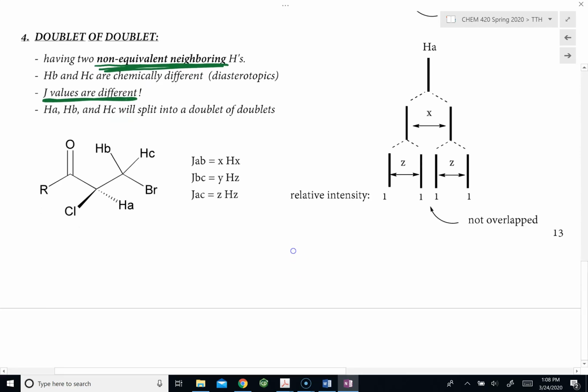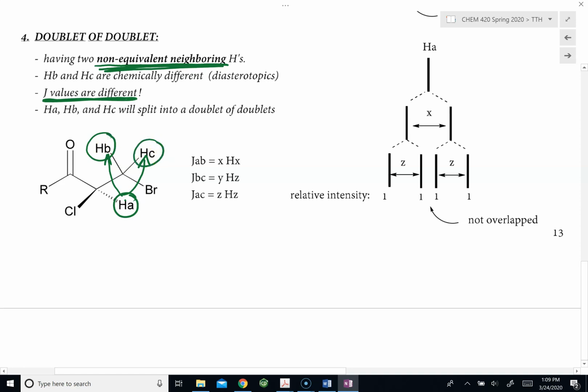For example, here in this case, the signal of HA would be a doublet of doublet. And the reason why is as follows. Here we will see that HA is communicating with this HB, and this HA would also be communicating with this HC. Now, this HB and this HC are actually not chemically equivalent.